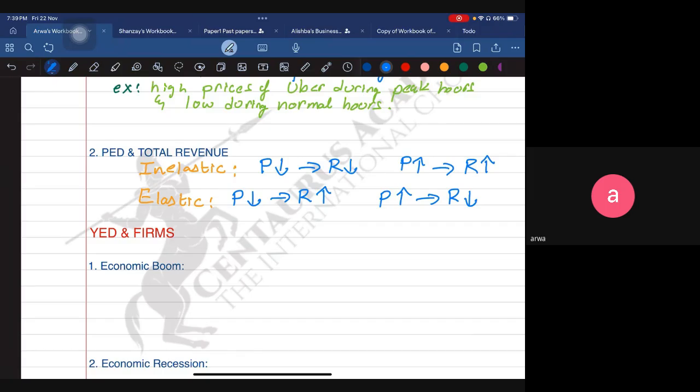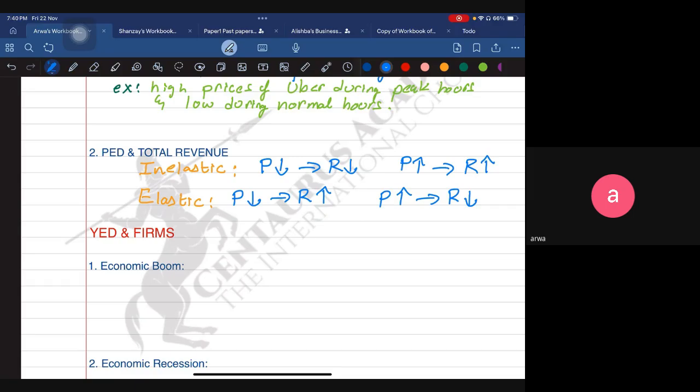If there is a situation of economic boom, which type of products' demand is going to rise and which will be demanded less? Here I'm talking about luxuries and normal goods versus inferior goods.